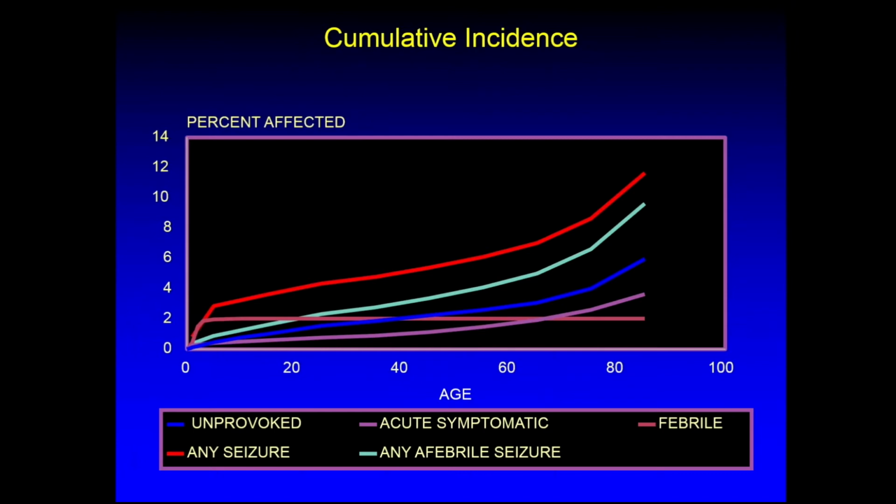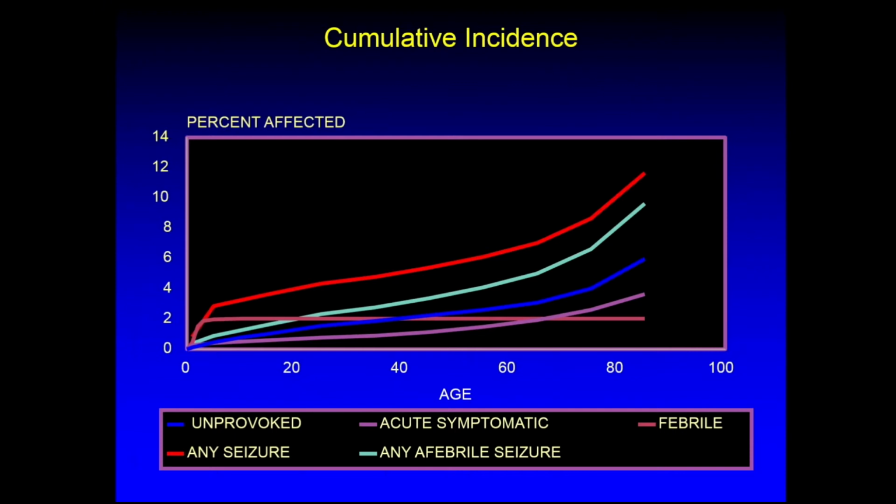From this study, about 12% by age 80 will have had a seizure of some type, including febrile seizures or other acute symptomatic seizures. So again, you can change these numbers just by changing who you're including.